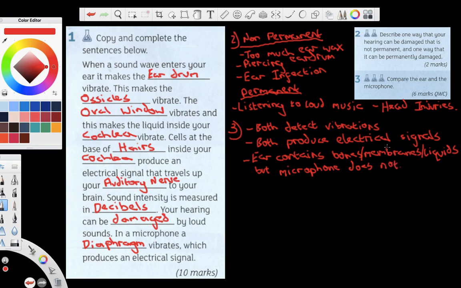You could have then gone on to say that the ear amplifies sound, but the microphone does not.